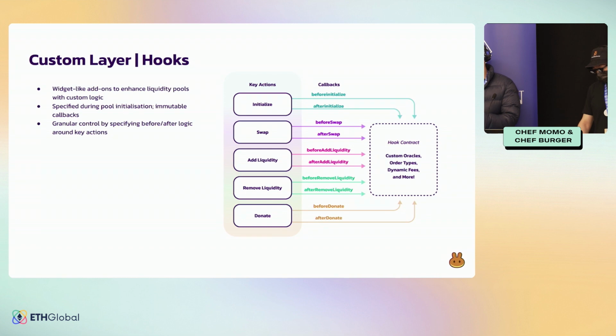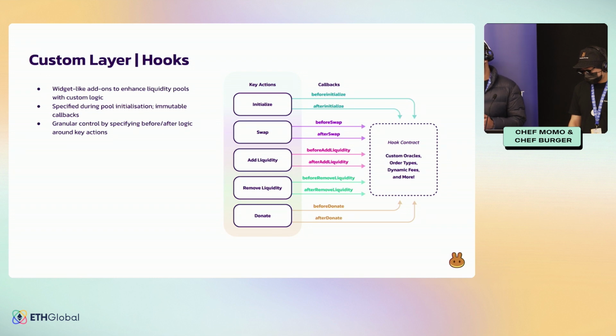Hooks enable you to implement logic before swap and after swap. You can define a contract which implements this logic, and while creating the pool, you mention this hook contract address. So every time any swapper calls swap, before swap will execute the logic defined in the hook contract, and after swap will do the same. So it's possible to implement any type of logic.